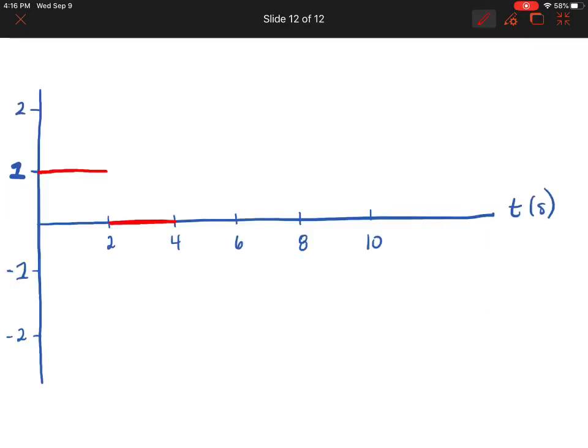So from 4 to 10 seconds, we're going to be down here at -1. I'm going to try to line it up here, and it's going to be going like that, and it's just staying. So remember, we're only ever doing acceleration time graphs where the acceleration's constant, so you'll only ever have horizontal lines. You don't need to join these lines or anything like that. It's pretty much telling us it's going from 1 to 0 to -1.